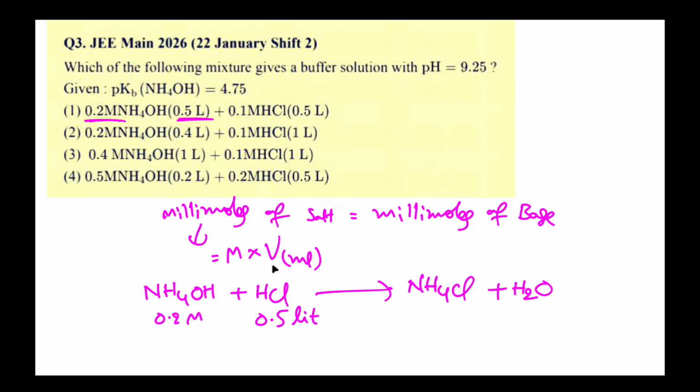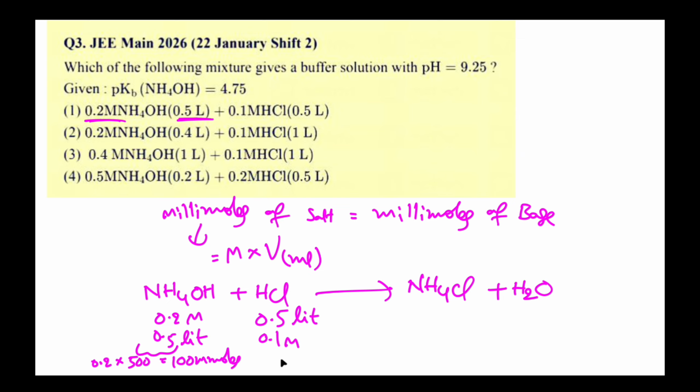So if we take millimoles, molarity into volume. Here 0.2 molarity NH4OH, 0.5 liters, is treated with 0.1 M HCl, 0.5 liters of HCl. So we convert into millimoles, that is molarity into volume in milliliters, that is 0.2 into 500, that is 100 millimoles.